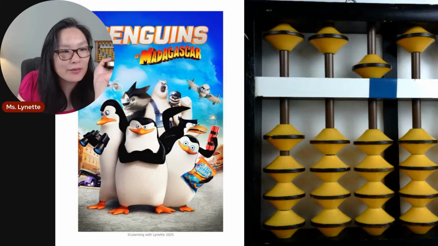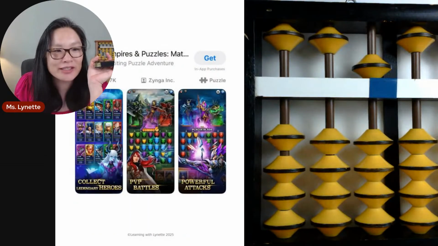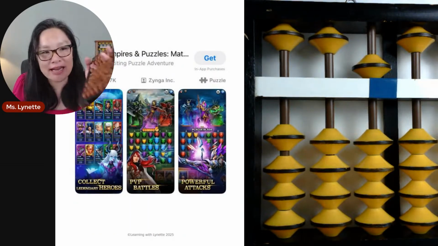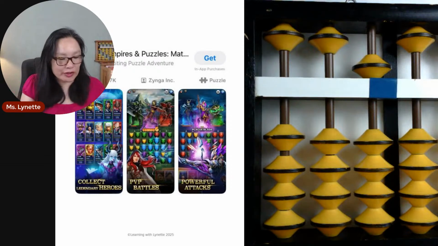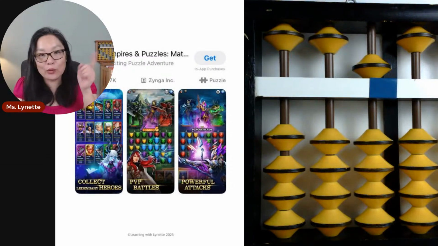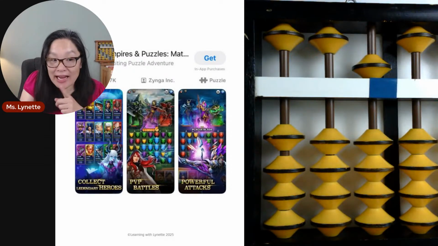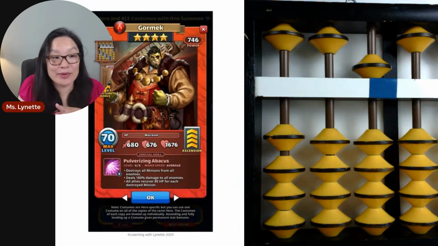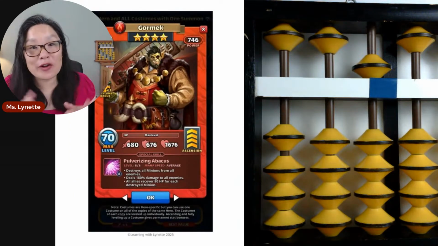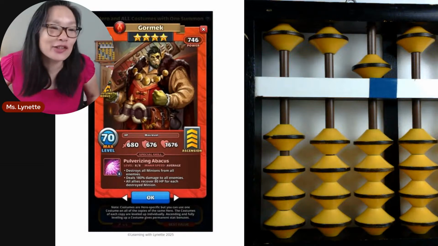So it was in the Penguins of Madagascar. This one is a game that one of my children was playing, and one of the characters actually uses an abacus, and it's called the pulverizing abacus. And I was like, that is crazy.